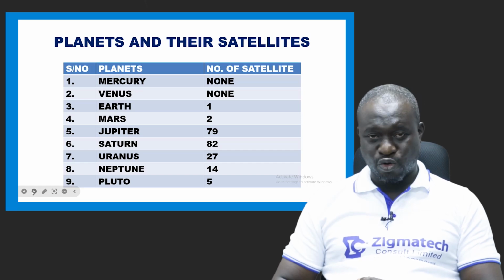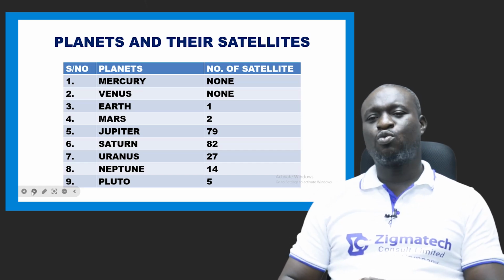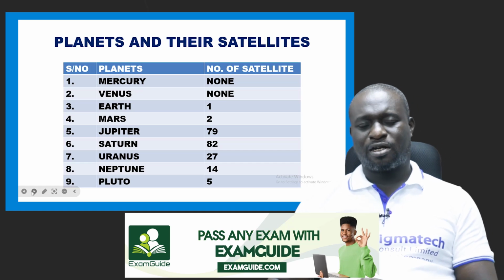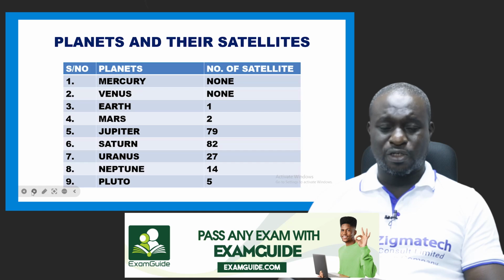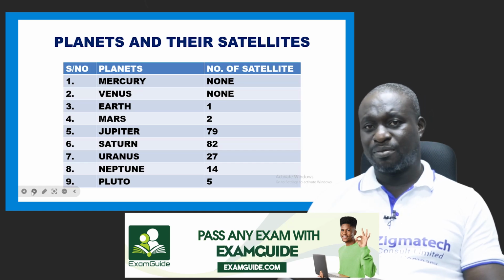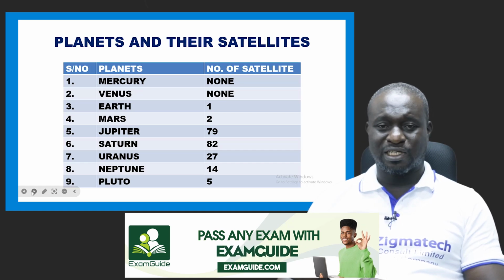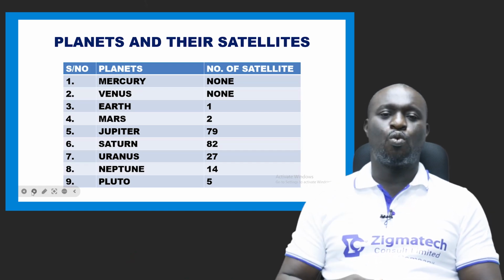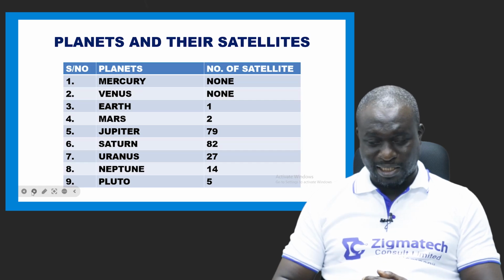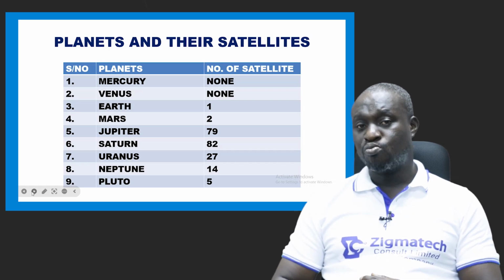And then number 3, we have Earth. Earth is the 3rd planet, which is inhabited by living organisms, and it has oxygen present in it to sustain life. And Earth has only one satellite, and that is one moon.